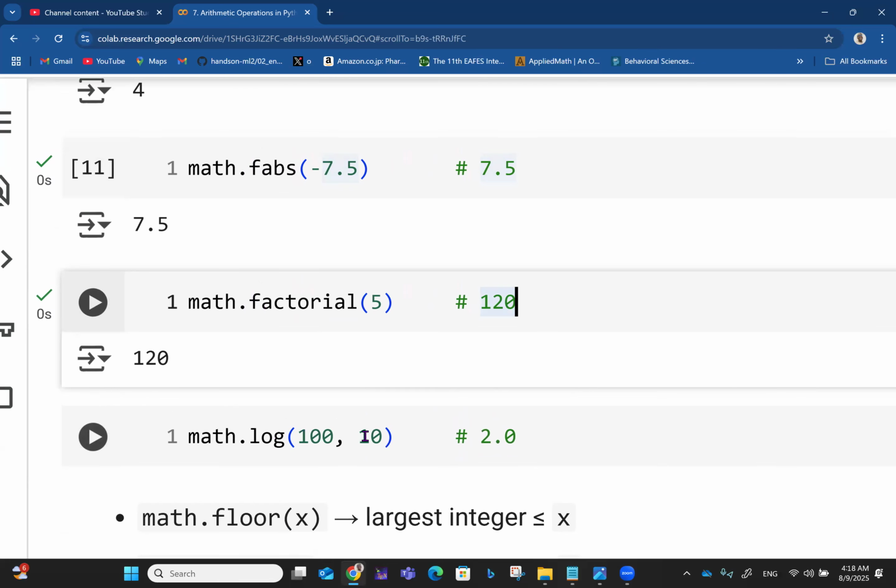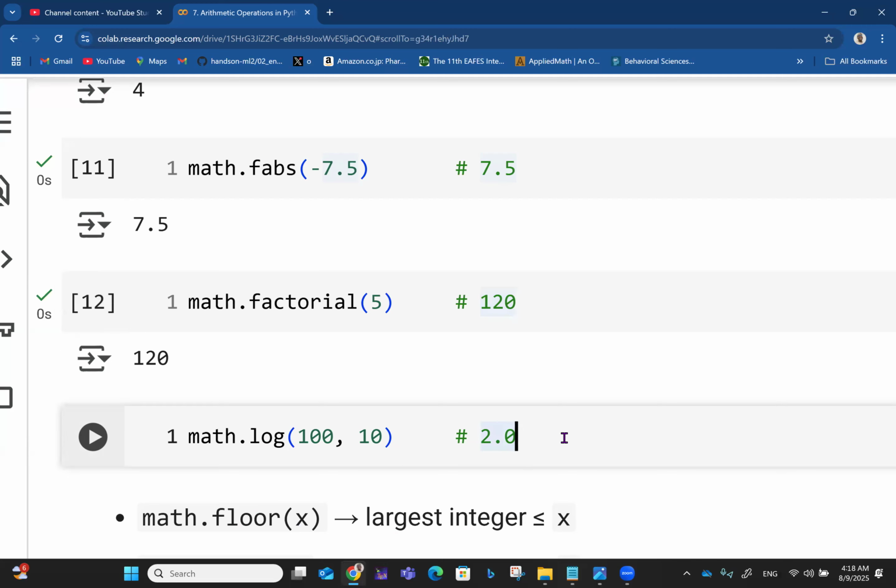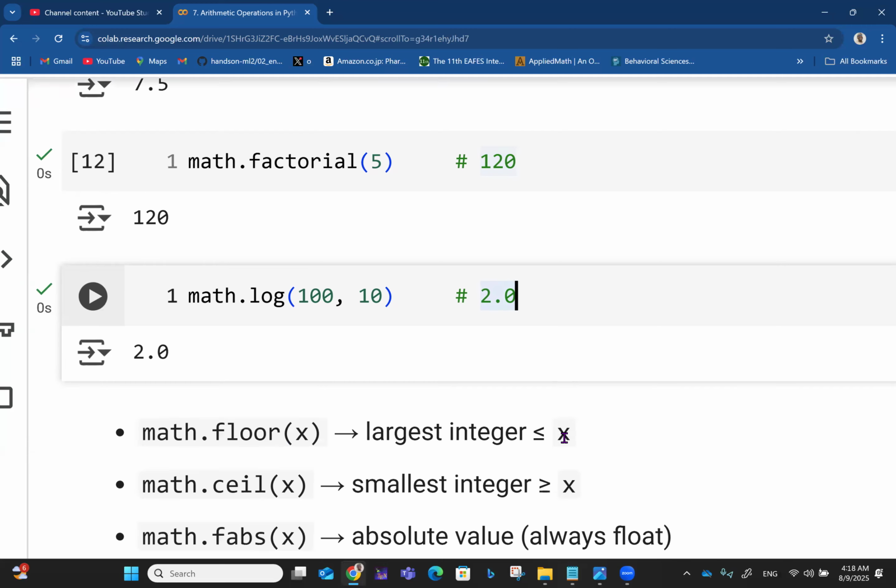Then math.log(100, 10), that's log 100 base 10. 100 is 10 raised to power 2, so log 100 base 10 is like log 10 raised to power 2 base 10. So the 2 can come forward, so you have 2 times log 10 base 10. Log 10 base 10 is 1. So the answer is supposed to be 2, as we have it right here.